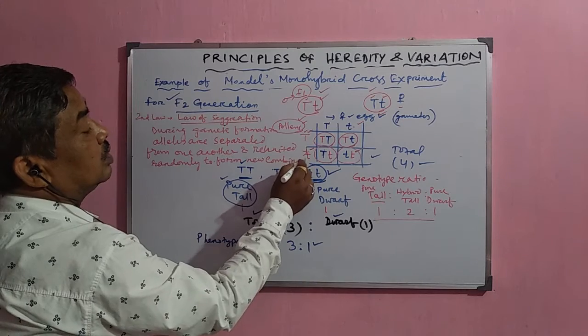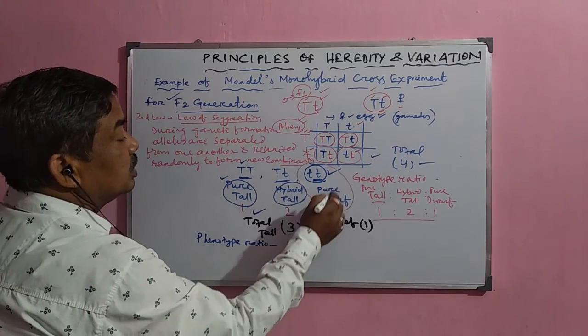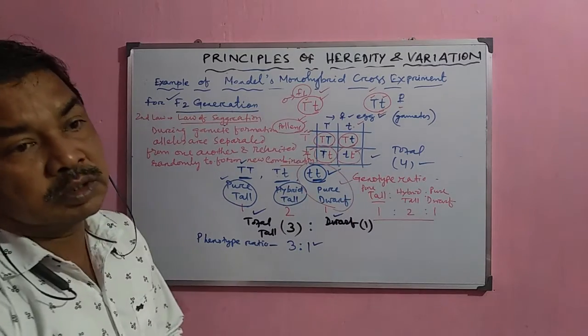So that is why the dwarfness character reappeared in the F2 generation.